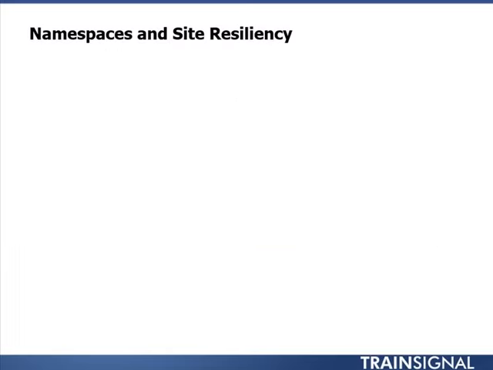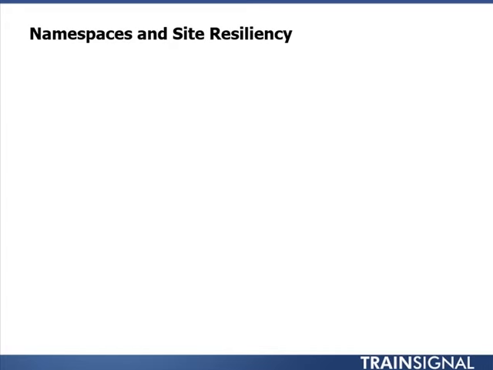Let's talk for a moment about namespaces and site resiliency. We just talked about namespaces, but we talked about it simplistically in terms of accessing your CAS servers through a virtual IP through a namespace that connects to your load balancer to the CAS servers. But there are additional namespaces that always have to be taken into consideration for your CAS servers, your load balance servers, for your entire environment, maybe even for sites.